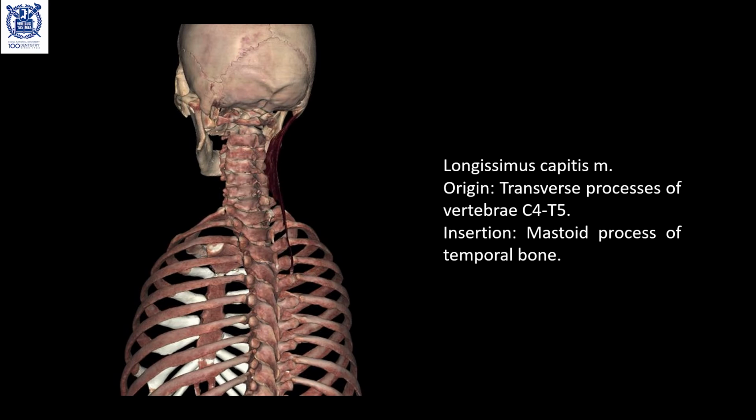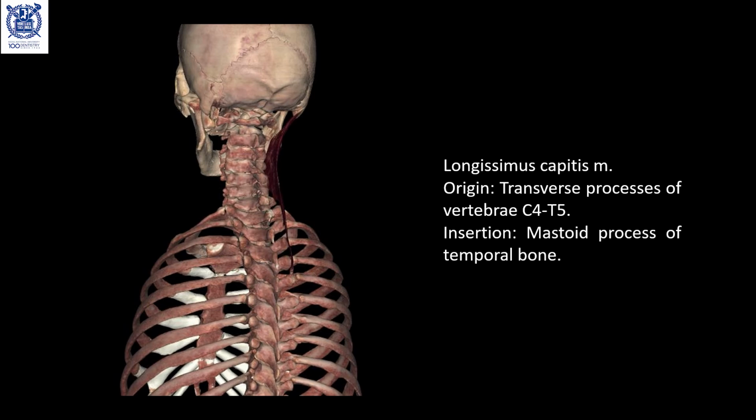The longissimus capitis muscle is also called the trachelomastoid muscle. It lies medial to the longissimus cervicis, between it and the semispinalis capitis. It arises by tendons from the transverse processes of the upper 4 or 5 thoracic vertebrae and the articular processes of the lower 3 or 4 cervical vertebrae, and is inserted into the posterior margin of the mastoid process beneath the splenius capitis and the sternocleidomastoid.